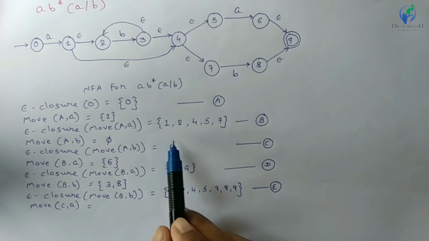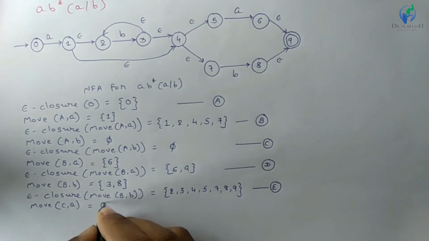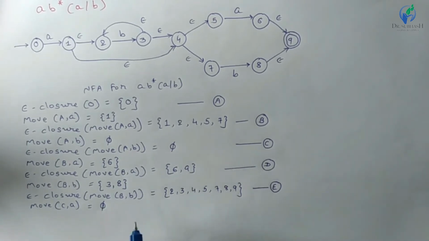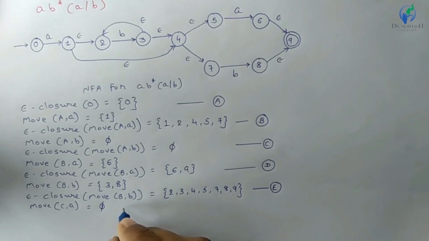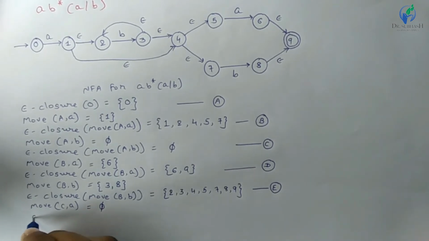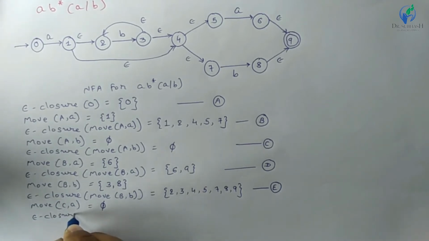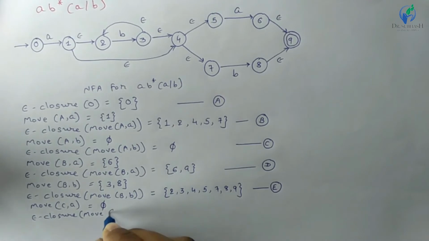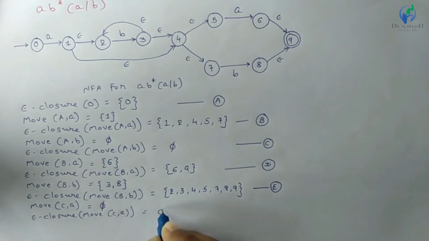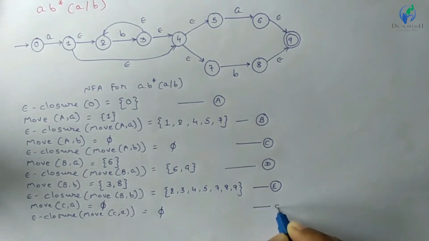Then epsilon closure of move C to A is also 5, which is indicated by C. So move C to A is equal to 5 and epsilon closure of move C to A is equal to 5, which is C.